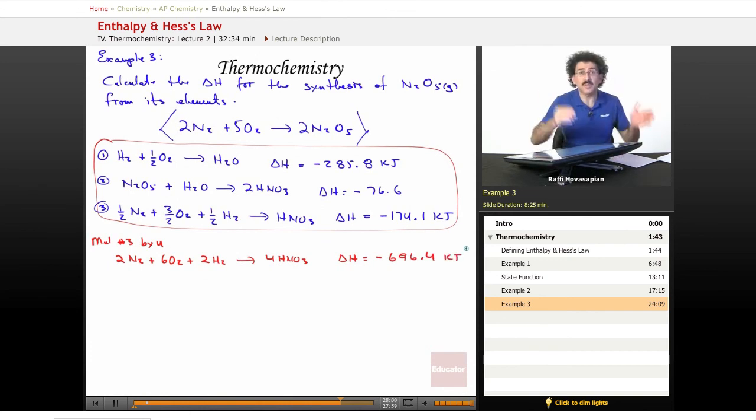So whatever I do to the equation, I do the same thing to the enthalpy. Okay, now let's see what I've got.